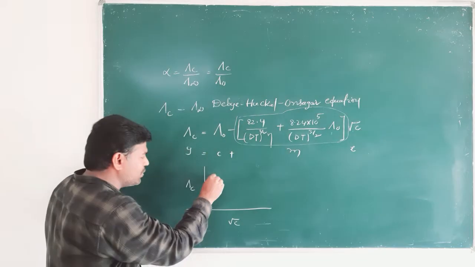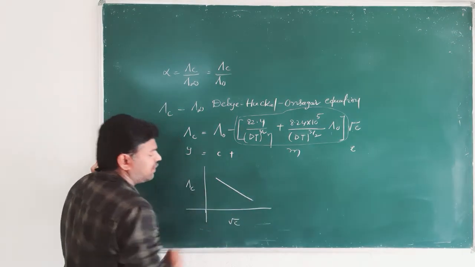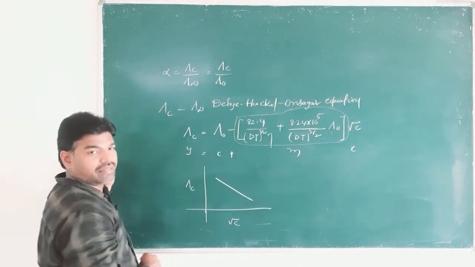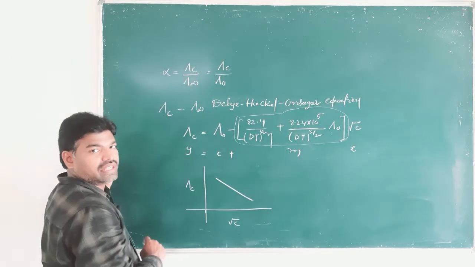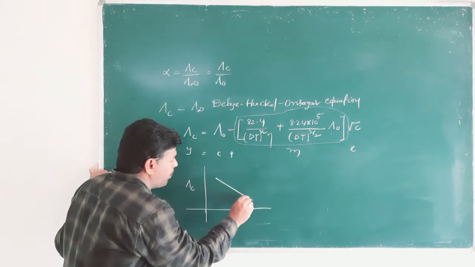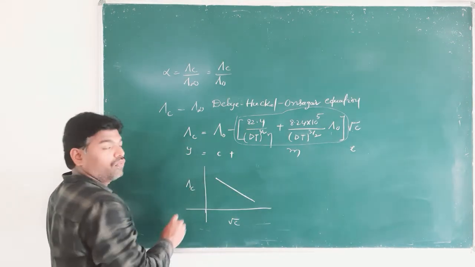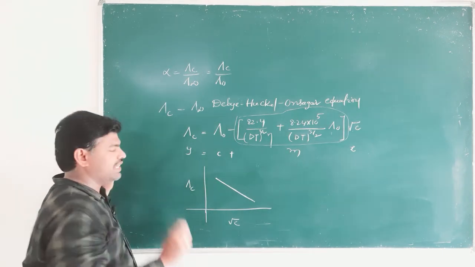A straight line with a negative slope can be represented like this, right? So that graph is like this. Negative slope means one quantity increases and another decreases.